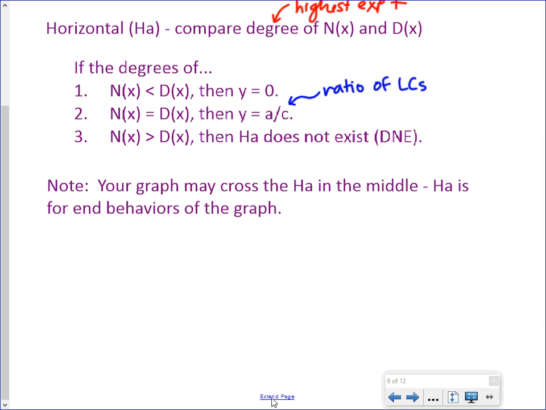So remember, end behavior is far left, far right. So it is possible to cross a horizontal asymptote. Don't be super alarmed if your ordered pairs are telling you that that's happening. At some point, it'll go back towards the horizontal asymptote. That's very uncommon, but I did want to put that out there.